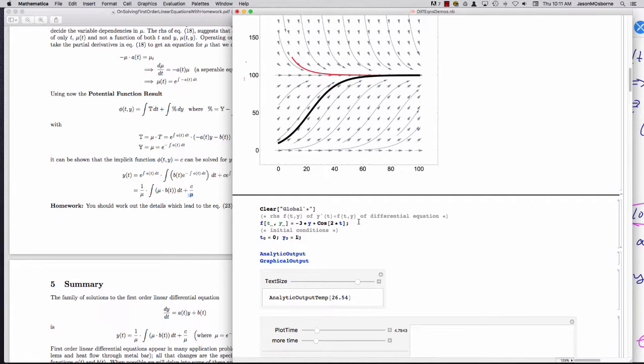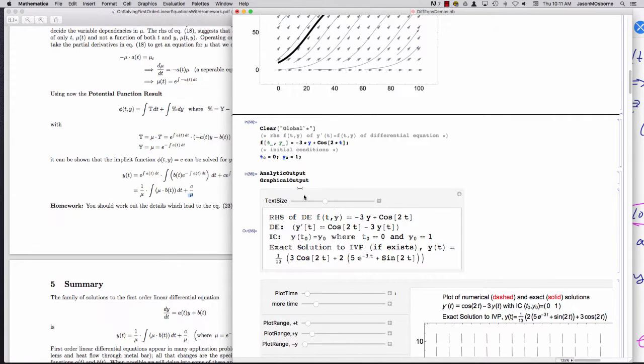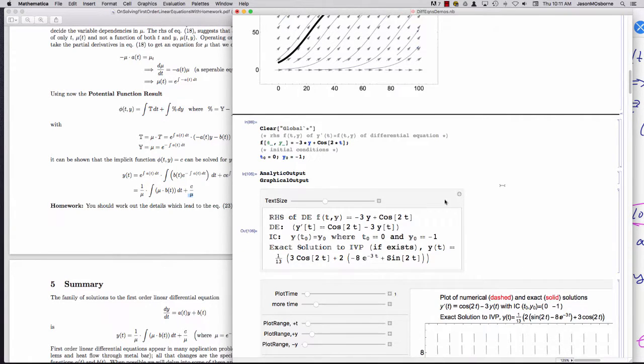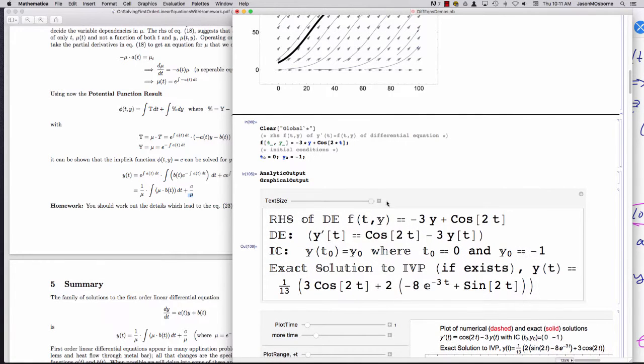Did we do 1 or negative 1? Well, if you put 1, run this problem, it will show you the solution as an explicit solution. So here, if you expand this out, you will get the solution. And I can't remember if we did have initial condition of negative 1, you just change the negative 1, and then you can compare.